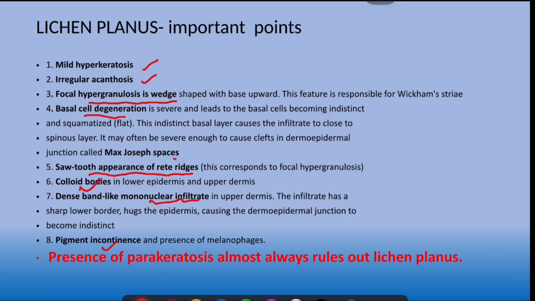If you find all these features, your diagnosis is lichen planus. And if you find parakeratosis, it almost always rules out lichen planus.